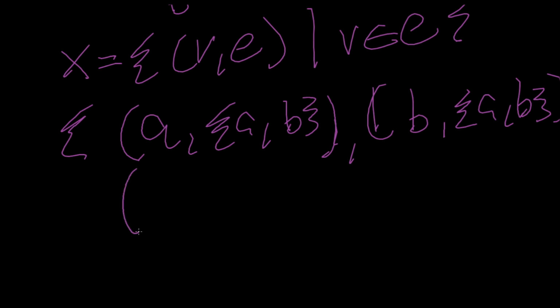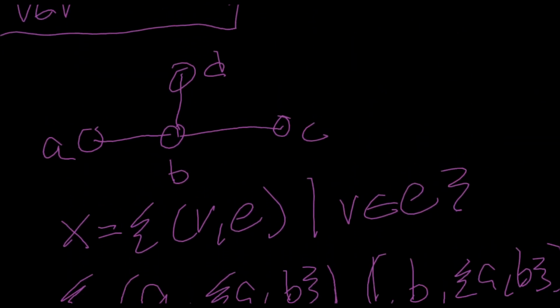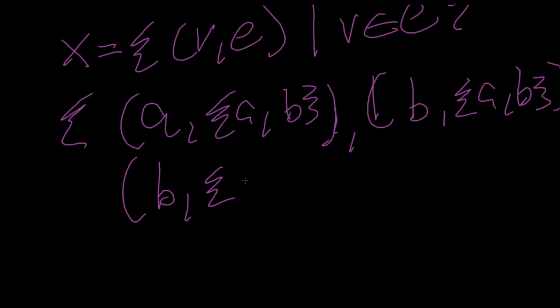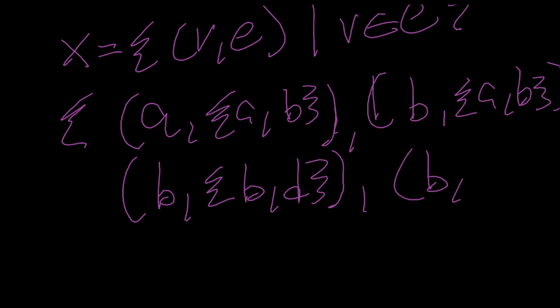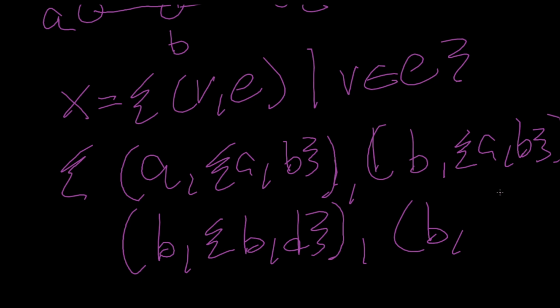We have the two tuple of this vertex B, which is connected to not only AB but also BD, and B is also connected to the edge BC.